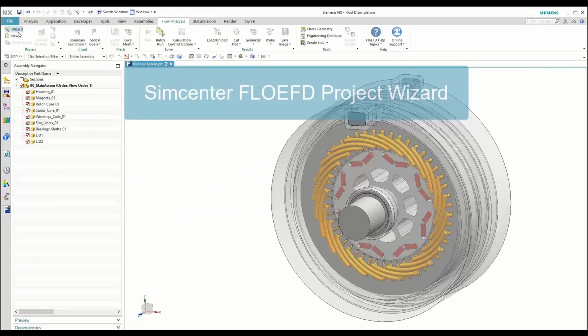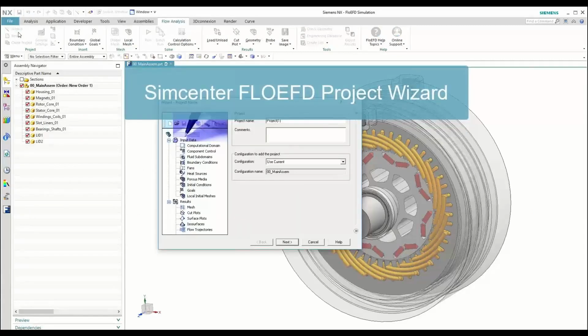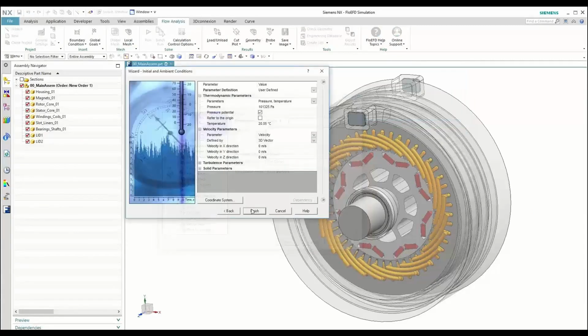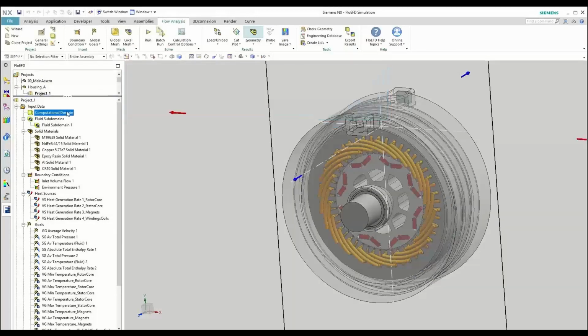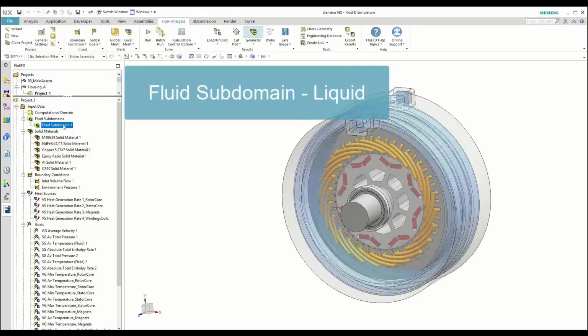We're going to start by having exactly the 3D model representation of the design, setting up the computation domain for the fluids, making sure that we have the components, and assigning the fluid subdomains.